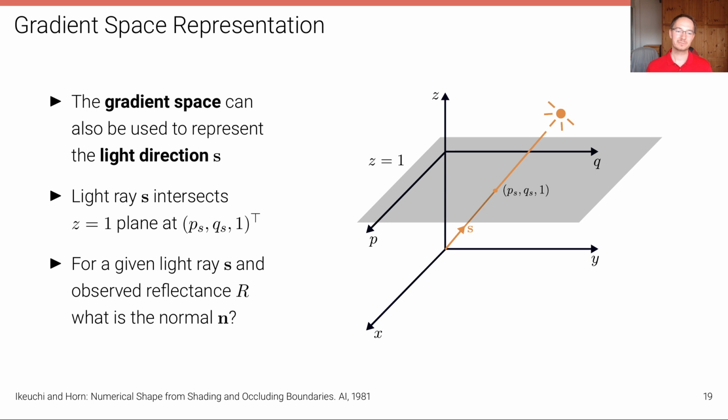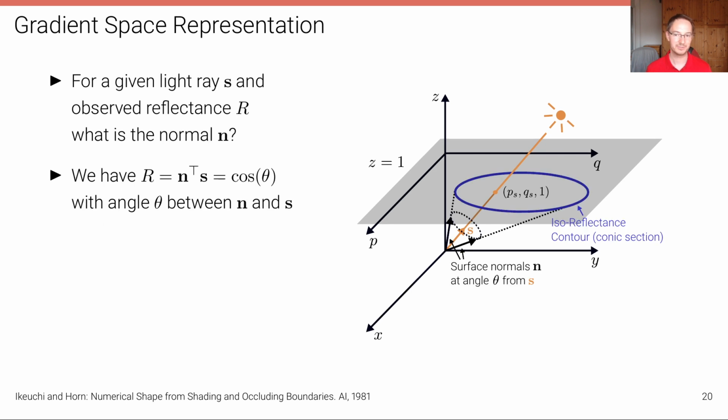Now, the question that we want to answer here is: for a given light ray S and observed reflectance R, what is the normal N? This is what we want to solve for using this representation. And there's a very nice and elegant visualization of this when we look at this particular graph here on the right.